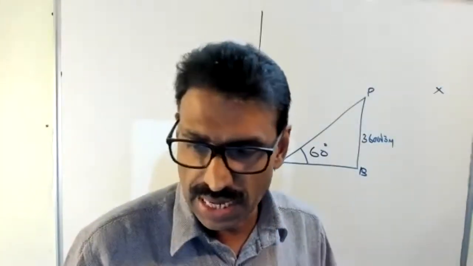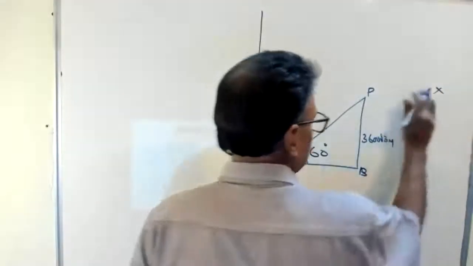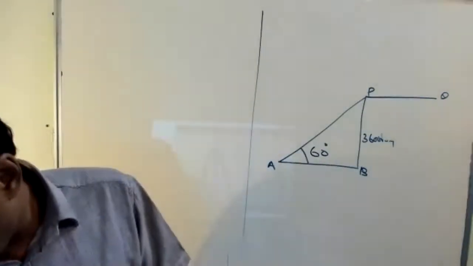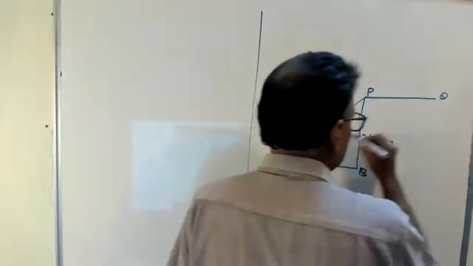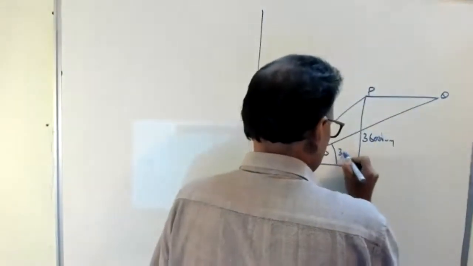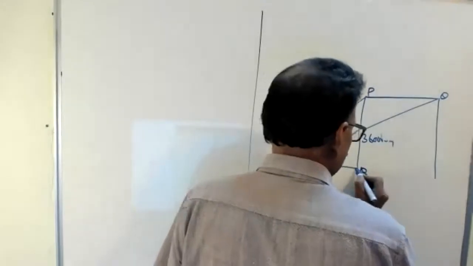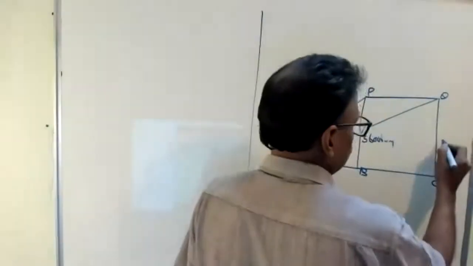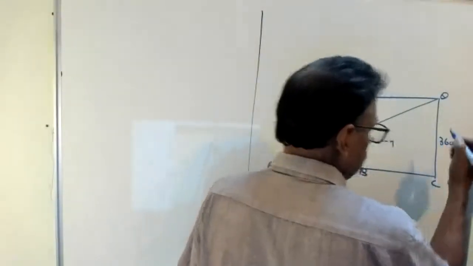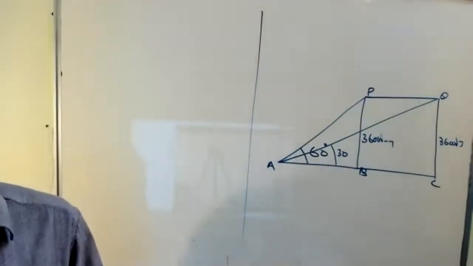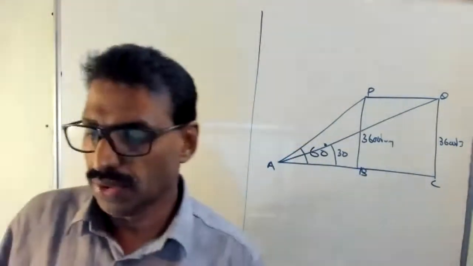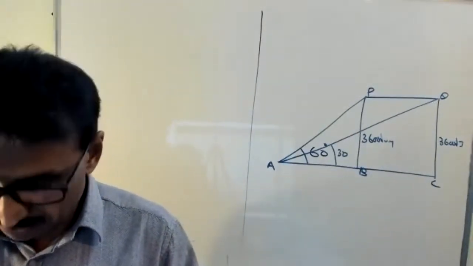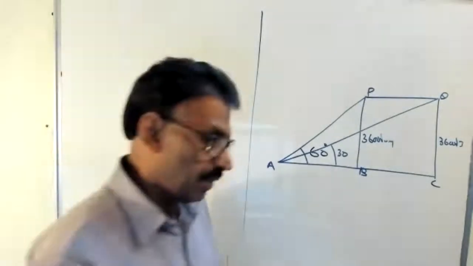So it is going farther, and it reaches here, Q. At that time, the angle of elevation is 30 degrees. Here also the height is the same, 3,600 root 3. Q, B, C. This is the figure. Figure clear or not?